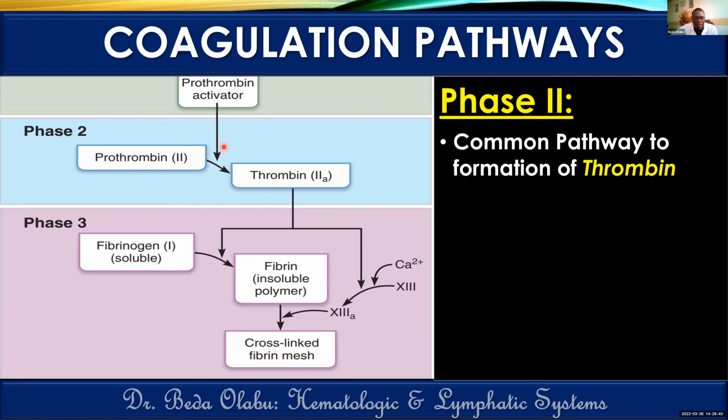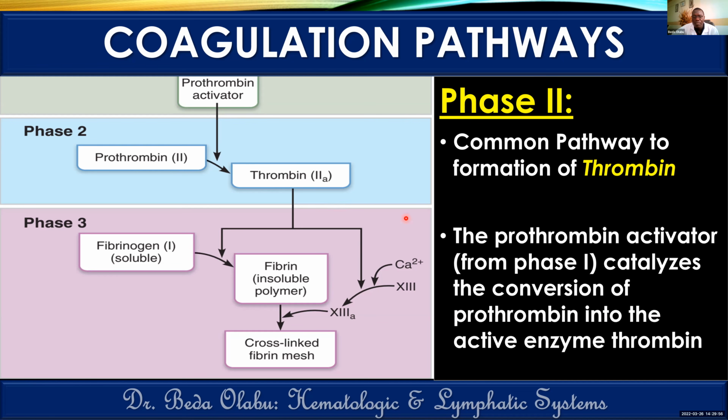So prothrombin, which is factor 2, is activated to thrombin. So thrombin is the activated factor 2. The prothrombin activator basically catalyzes the conversion of prothrombin to thrombin, which is an enzyme. So that is basically phase 2. We have now formation of thrombin.